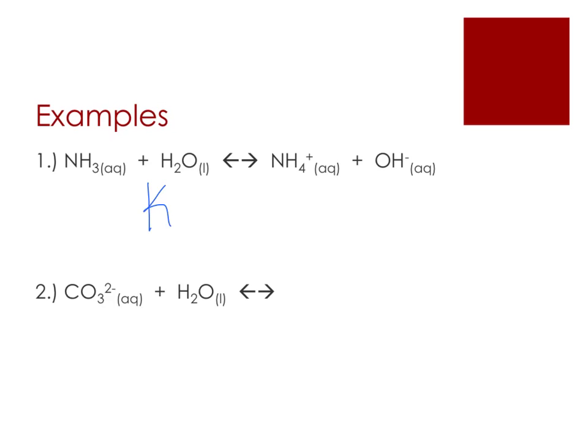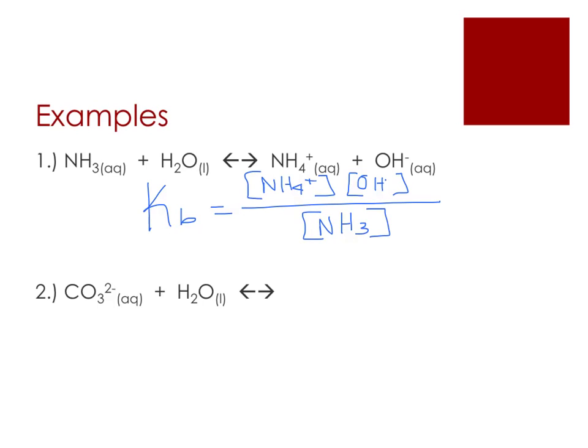For the first example, Kb is going to be equal to the concentration of the products, NH4+, times OH-, divided by the concentration of the reactants, again, not including water. In the second example, again, we're asked to predict the products before writing the Kb expression.